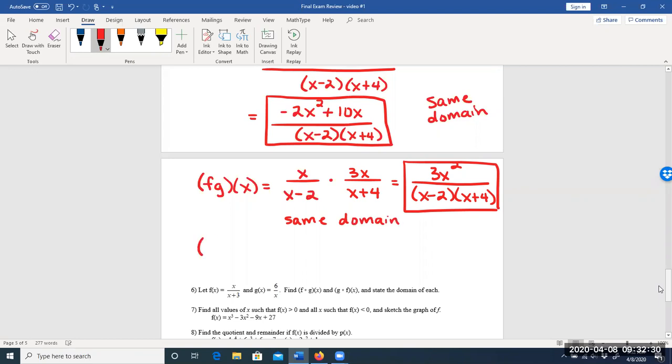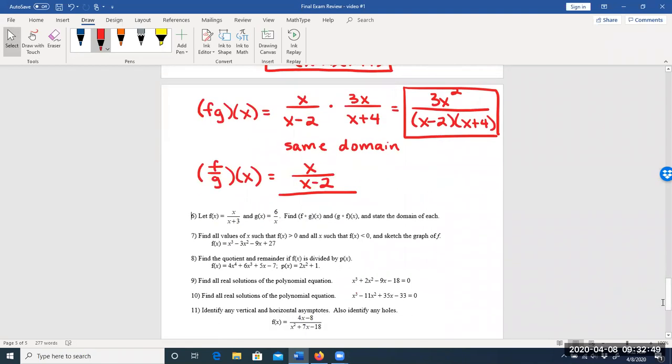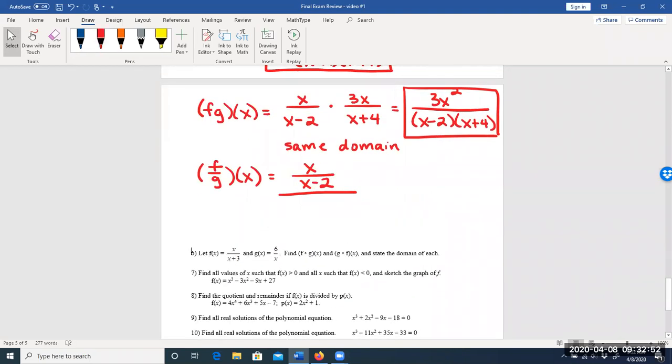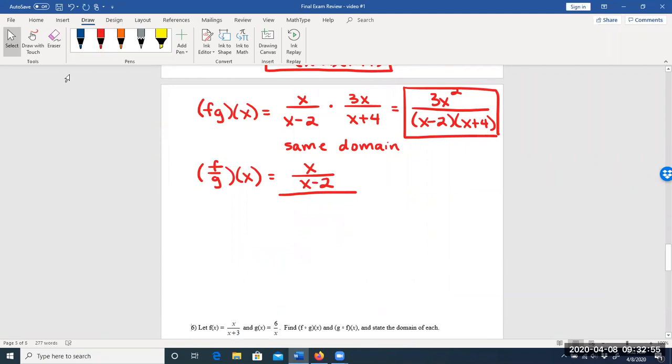Okay, finally, f divided by g. So we're going to take f and divide by g. I'm going to write it like this first. But we know that this is the same thing as saying this.